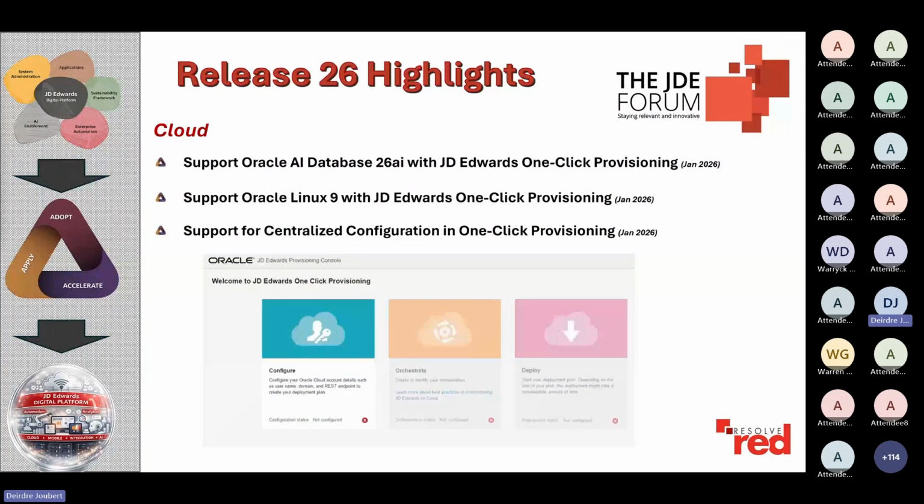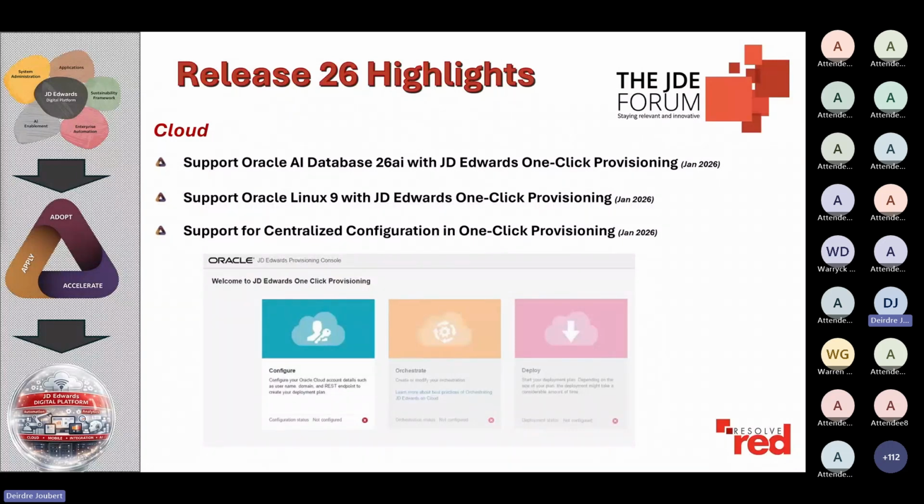As part of the Jan Release 26 update, the utility was enhanced to support Oracle 26 AI database, and this enables us to directly leverage the advanced capabilities, performance improvements, and modern database features offered by the 26 AI database within a one-click provisioned JD Edwards environment.